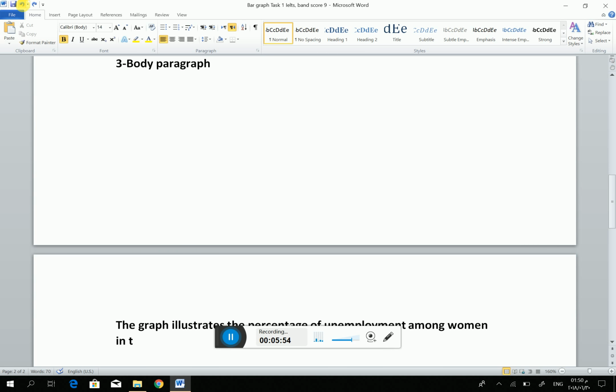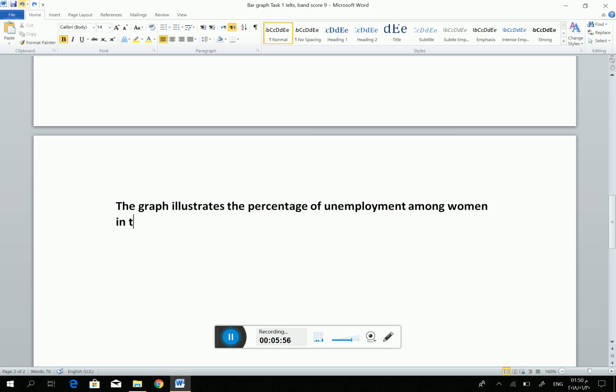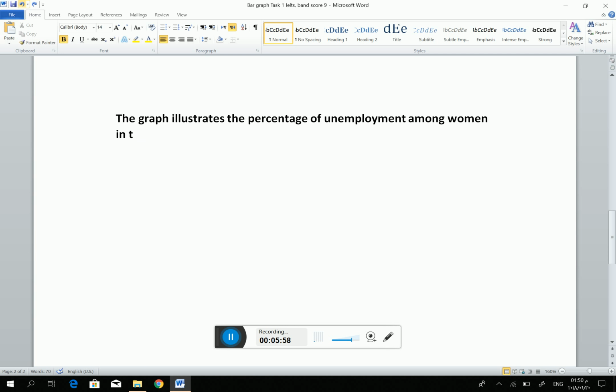We say that unemployment can be changed with the word joblessness, but I think unemployment is more academic, so you can keep the word unemployment. The graph illustrates the percentage of unemployment among women, instead of female, in the four countries that make up the United Kingdom.